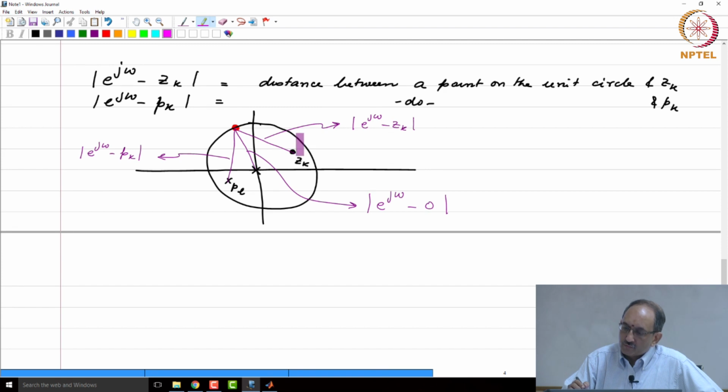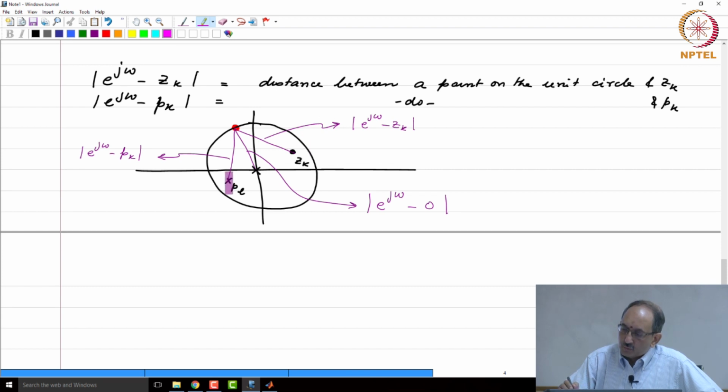Therefore, the numerator, which is the product of all such distances, the overall product will get pulled down because it is going to get multiplied by this distance, which is very small, and hence the overall numerator will come down in value, and therefore you can expect that the frequency response will exhibit a dip when you are near a 0.